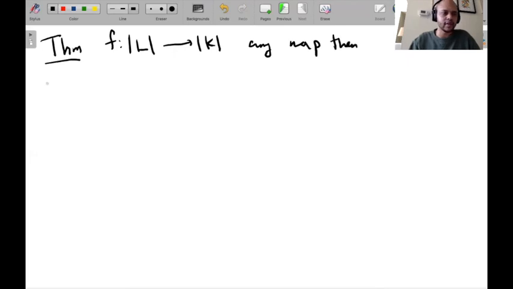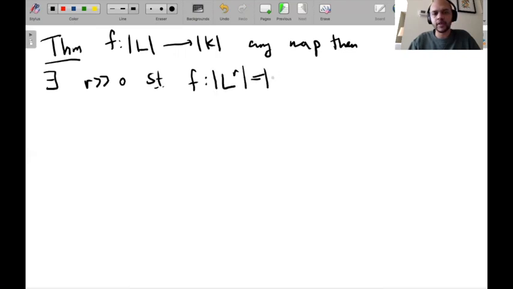Then there exists some r large, so that the induced map from the rth subdivision of L to K has a simplicial approximation.